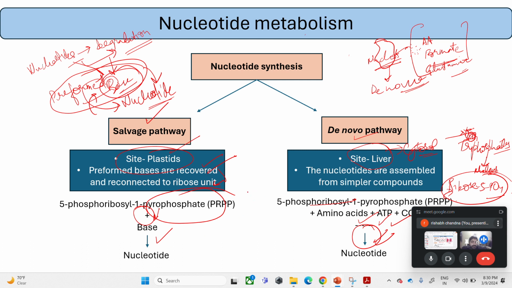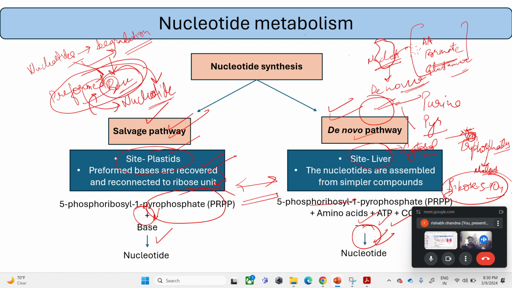This is the basic difference between the salvage and de novo pathways. The de novo pathway is the actual synthesis pathway, while salvage runs constantly with the degradation part. So first we'll discuss the de novo pathway of both purines and pyrimidines, then move on to the salvage pathway and the degradation of nucleotides.